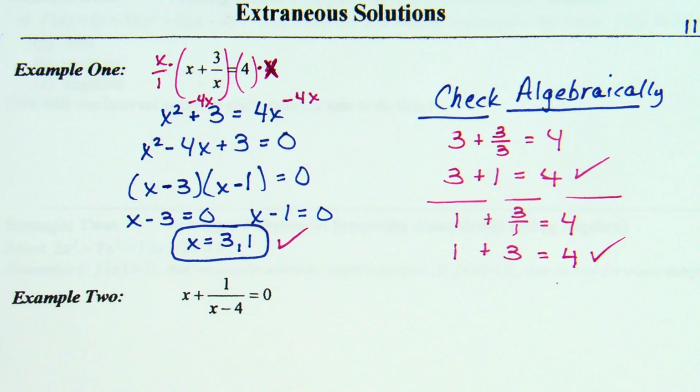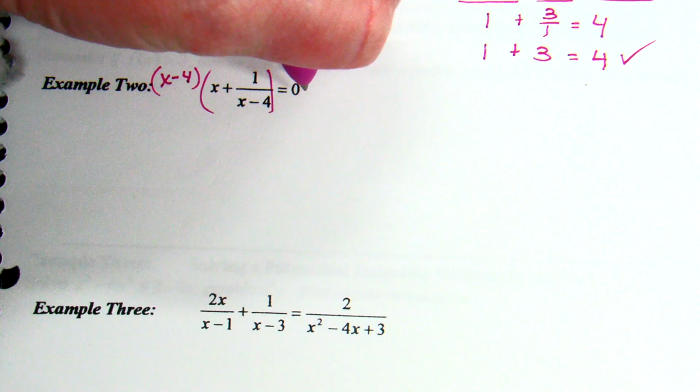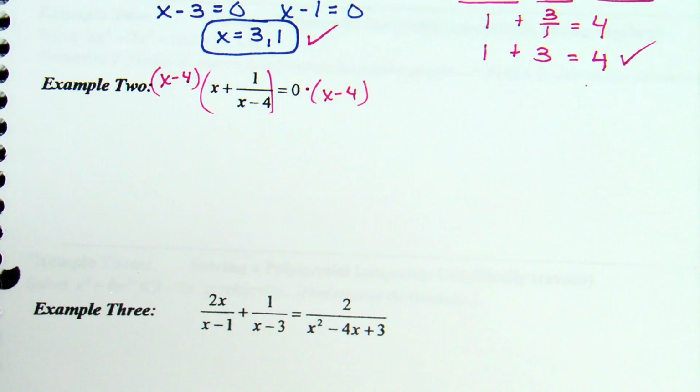Just like up above, we were multiplying by x. X was the factor in the denominator. This time, it's x minus 4. So I'm going to multiply both the left side of my equation by x minus 4 and the right side of my equation by x minus 4. Again, you can think about it as x minus 4 over 1 if you want to think as a fraction.